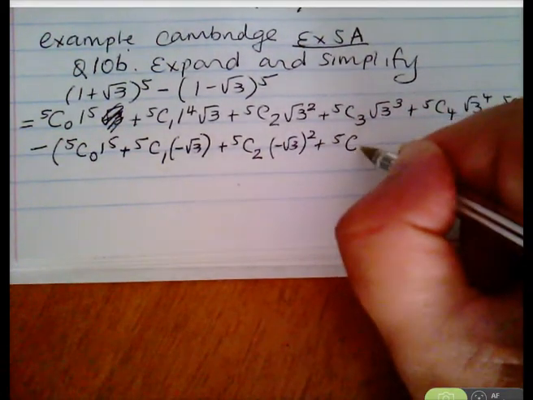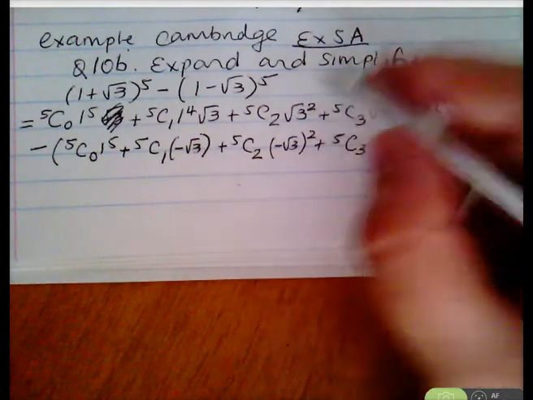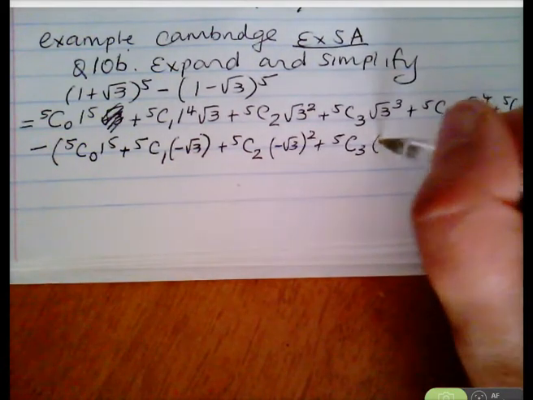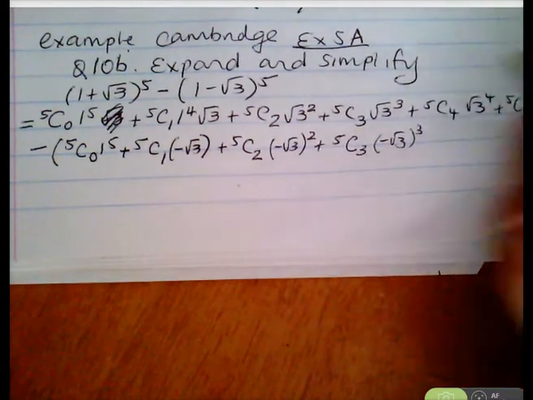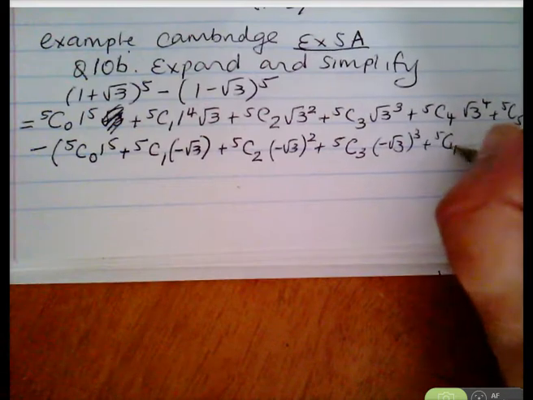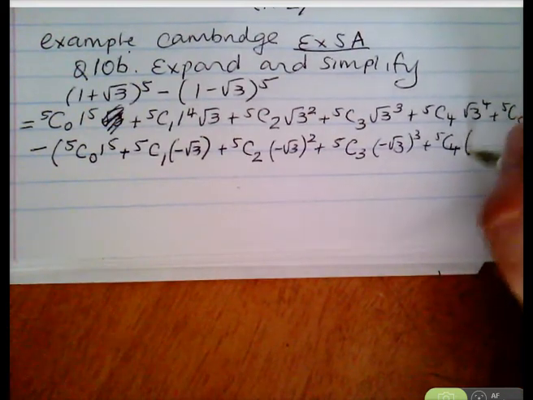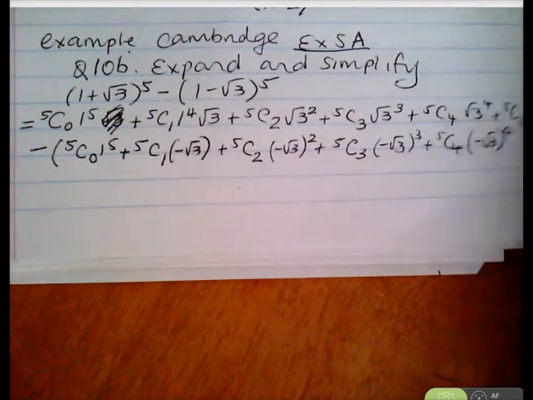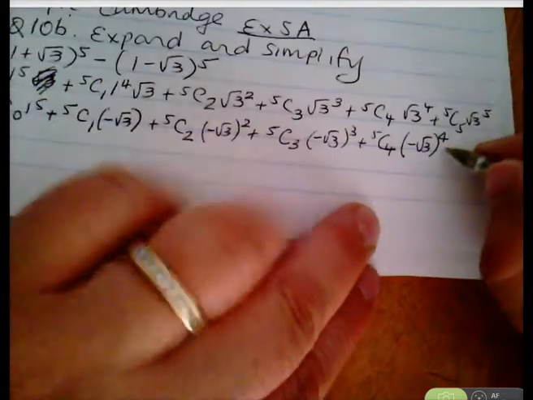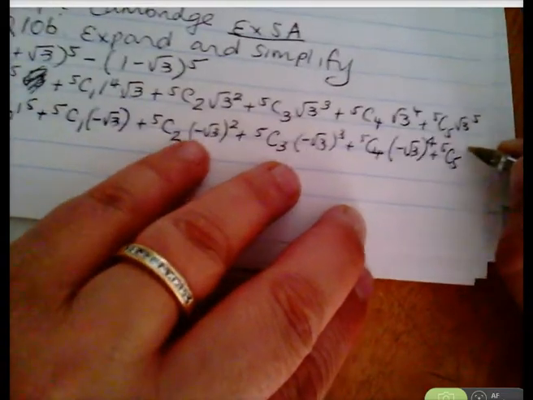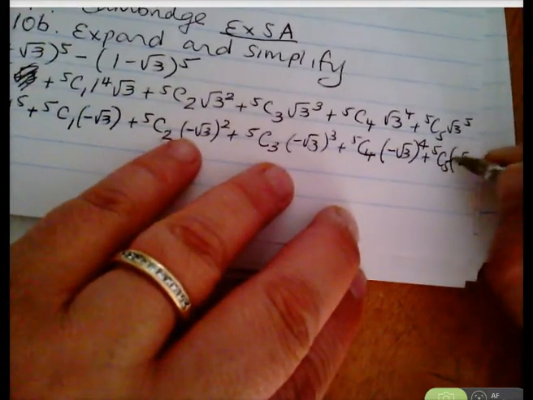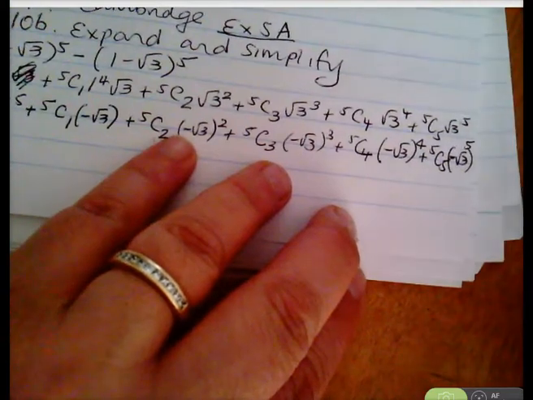Plus 5 choose 3, negative root 3 cubed. Plus 5 choose 4, negative root 3 to the power of 4, and then again plus 5 choose 5, negative root 3 to the power of 5.